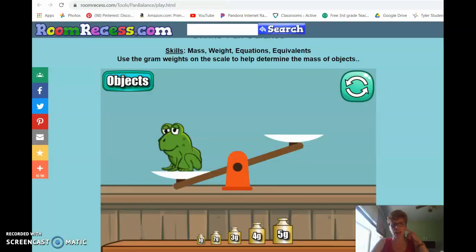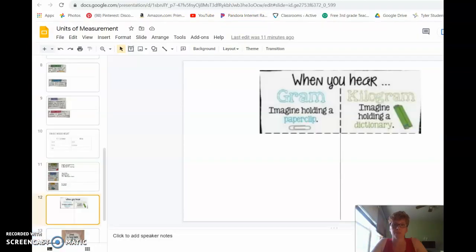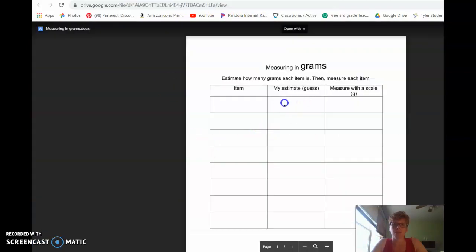So knowing that, I'm going to think, is a frog as heavy as a paper clip, or could it be about 2 to 3 more grams heavier? What do we think? I'm going to guess that a frog is about 5 grams. So I'm going to go back to my paper, and I'm going to write down 5, because that's my guess. I think my frog is 5 grams.